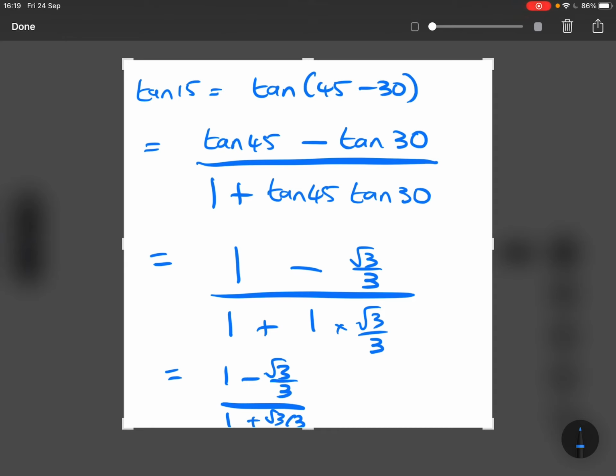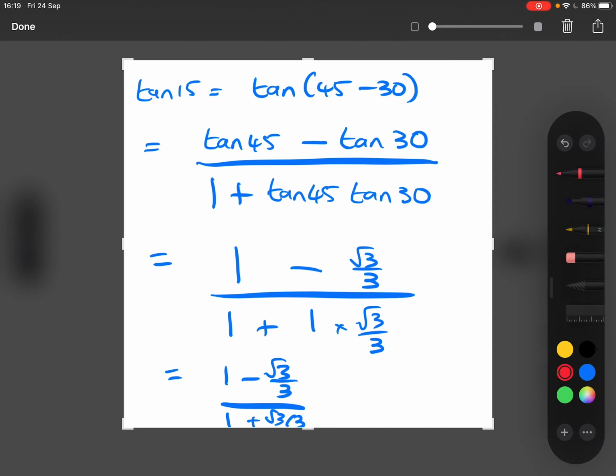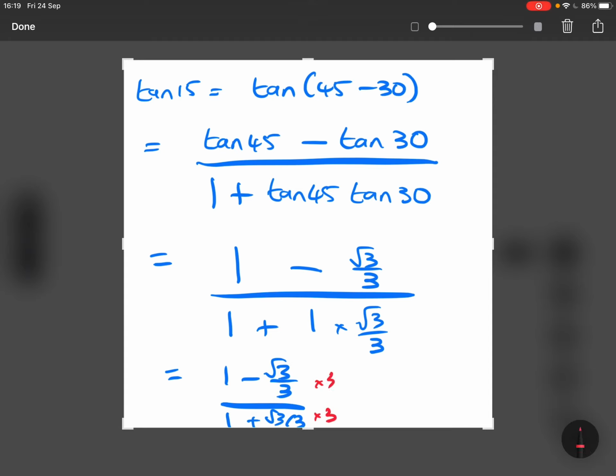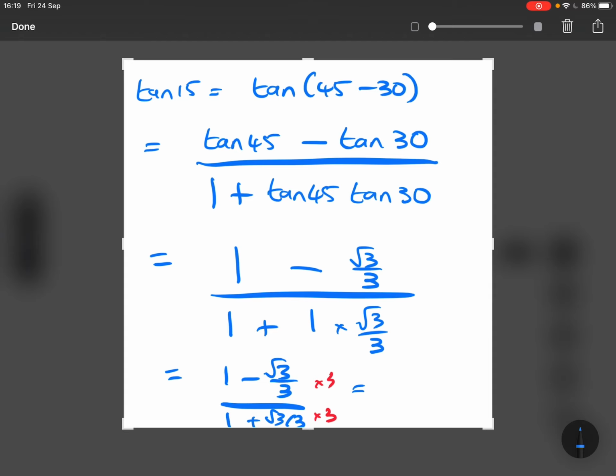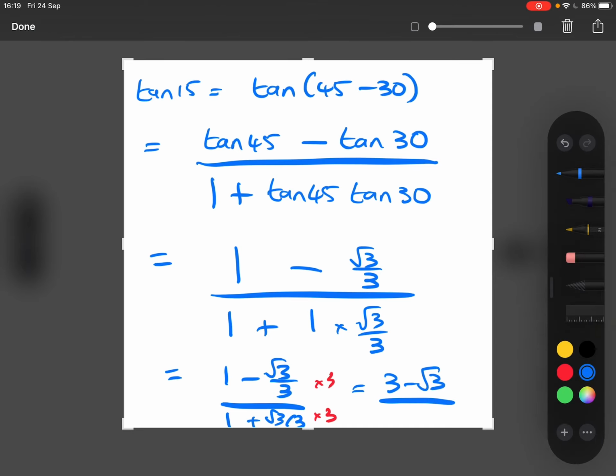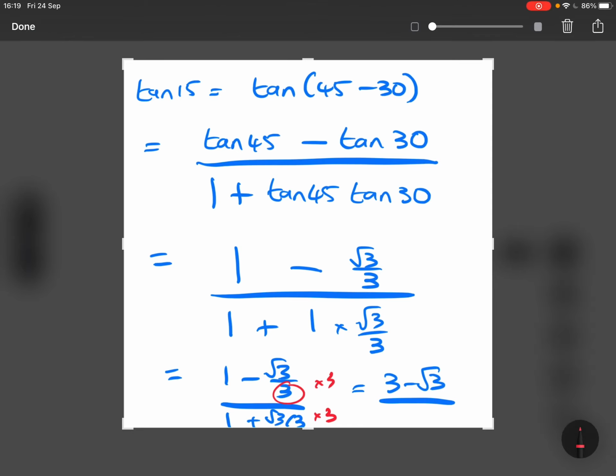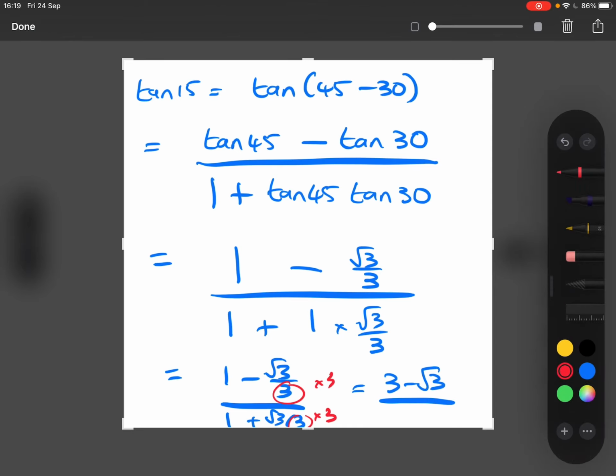To simplify this further, I would times top and bottom here by 3 to get rid of that awkward fraction. So that's going to give me 3 minus root 3. That awkward 3 there is gone, and that awkward 3 there will go as well.